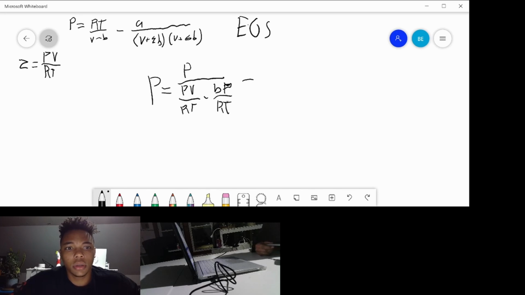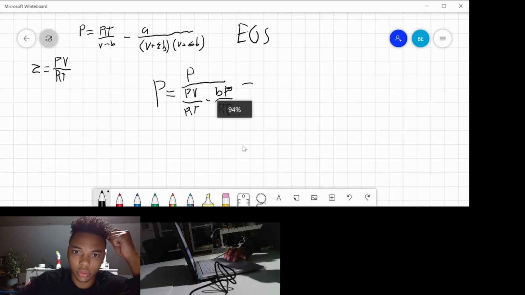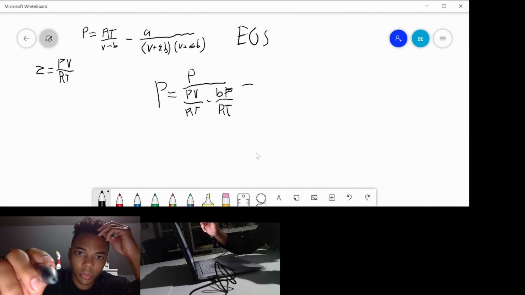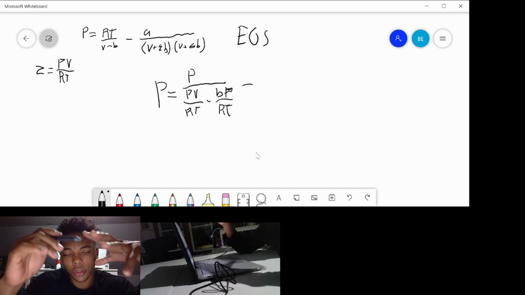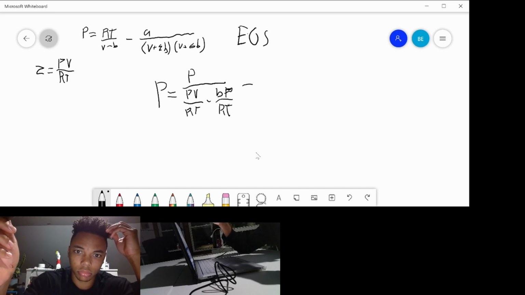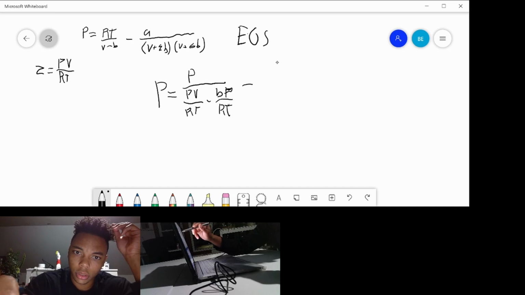What we want is to find a way to get a in terms of Z. So we're going to multiply the right side of that equation by P over RT again, so we get minus P a over RT.